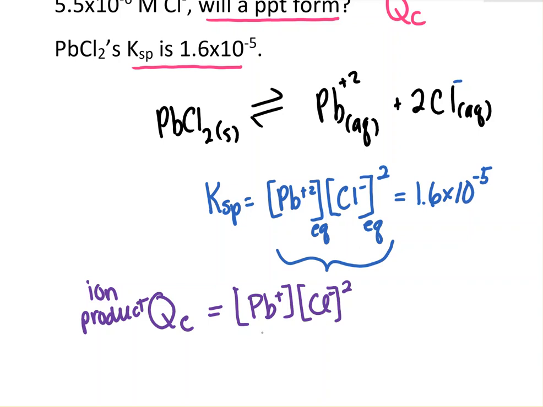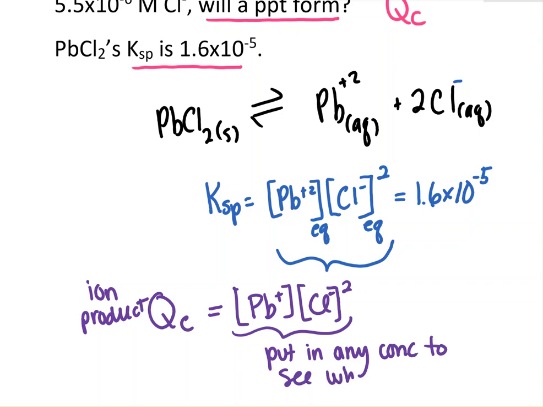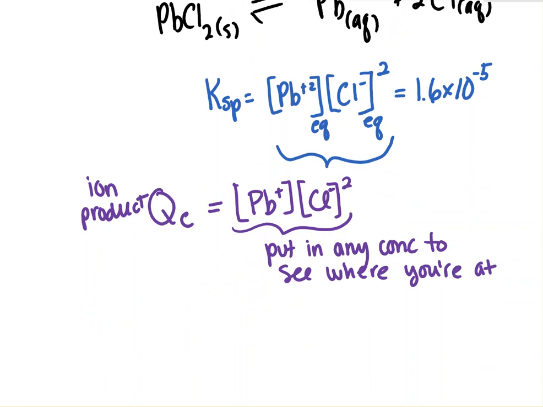We're going to take these numbers and put in any concentration to see where you're at. In other words, you compare the ion product to this to see where you're at. If it comes out too high, then a precipitate is going to form. So we're going to plug those numbers in that were given, the concentrations that were given.